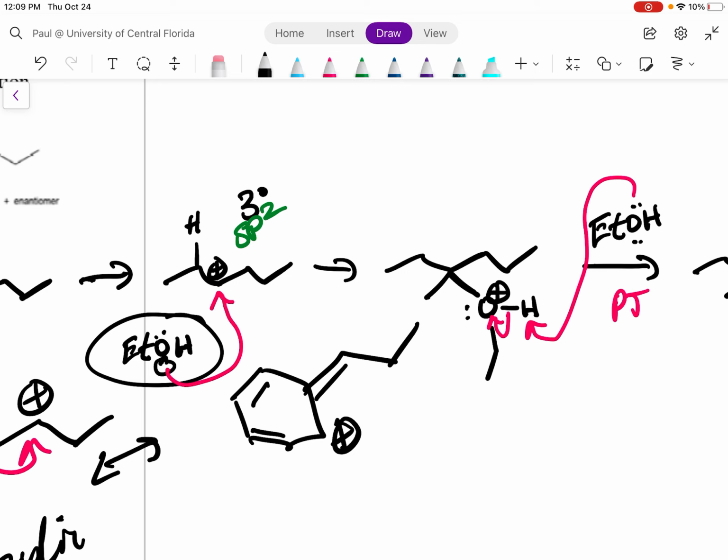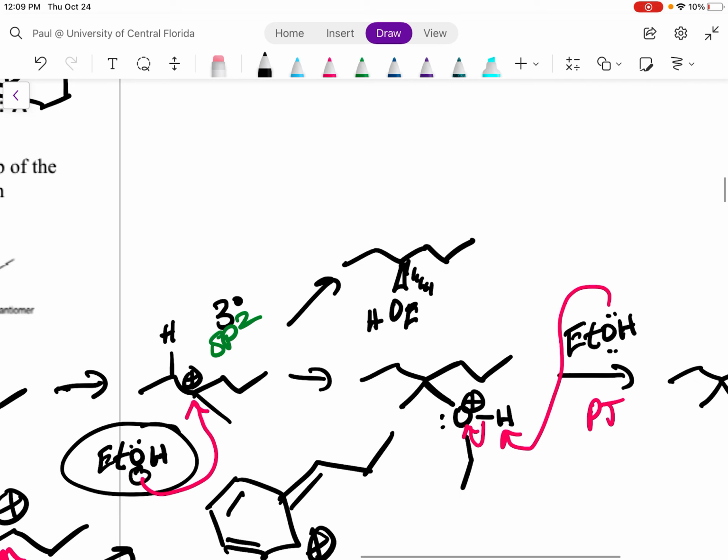It has 2 ways that it can approach. And so we could have it approach from, let's say, the top face, which would give us a wedged OH, and we'll just do ethanol like that. So if it attacked from the top face, then that would mean the methyl group would have to be down.